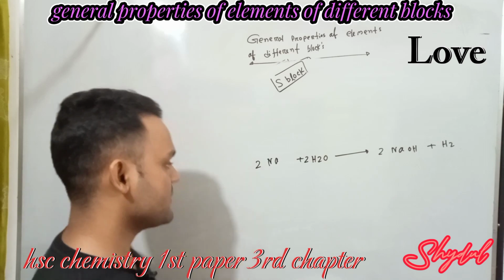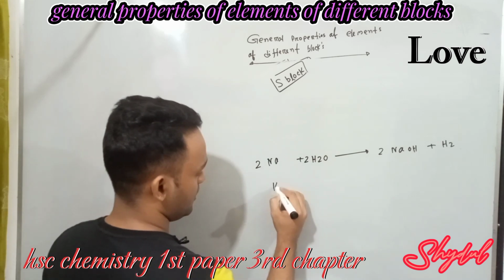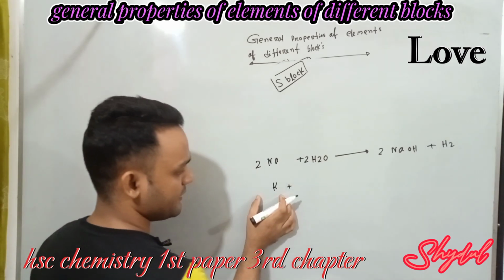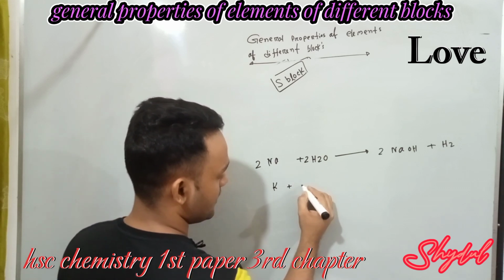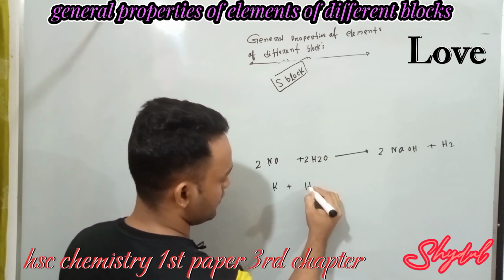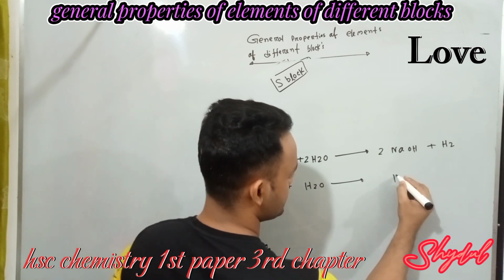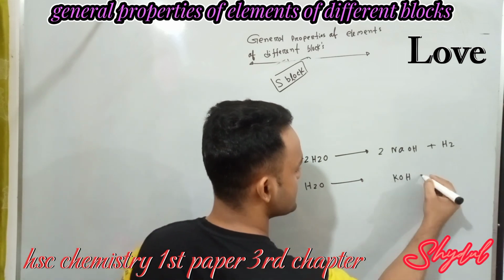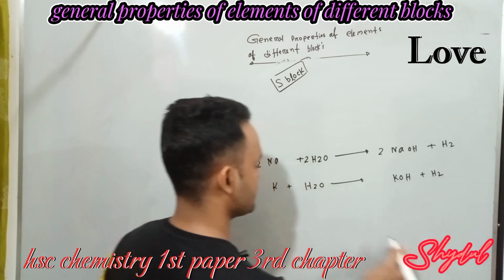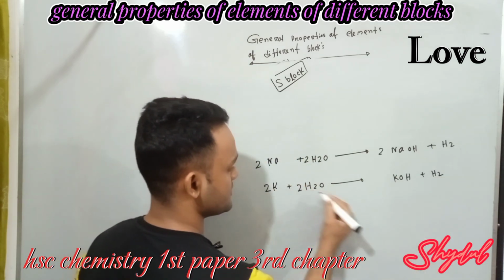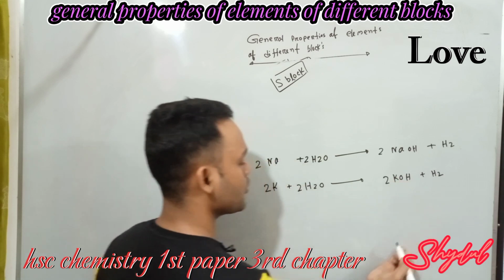Everybody knows that alkali metals react with water and create a strong base and hydrogen. Similarly, potassium, an alkali metal, reacts with water and creates potassium hydroxide, a strong base, and hydrogen.